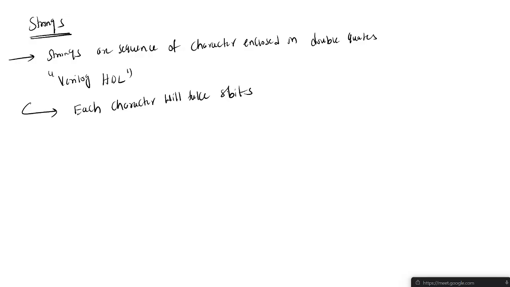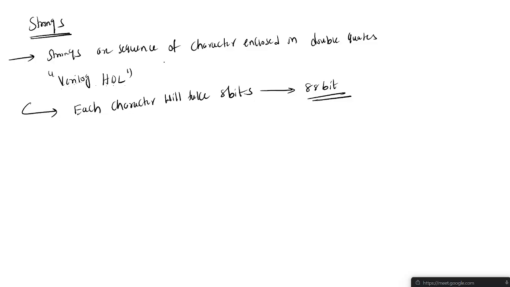So counting 1 2 3 4 5 6 7, then a space makes 8, 9 10 11, so 11 characters. It will take 88 bits. Do you understand? By default, each character in a string will take 8 bits.